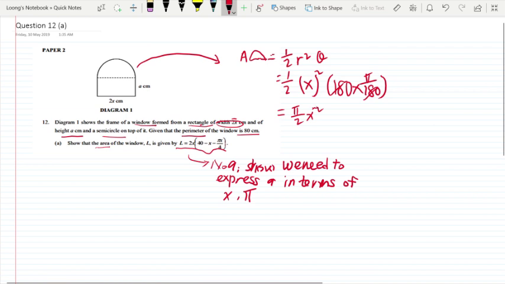And for the perimeter, 80 equals 2a plus 2x plus the arc, which is 2a plus 2x plus x pi.